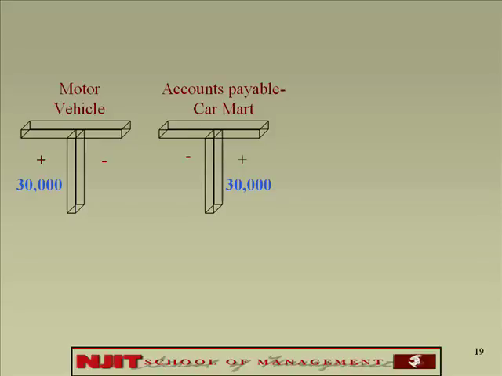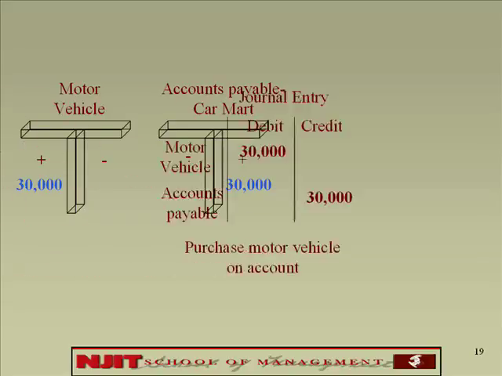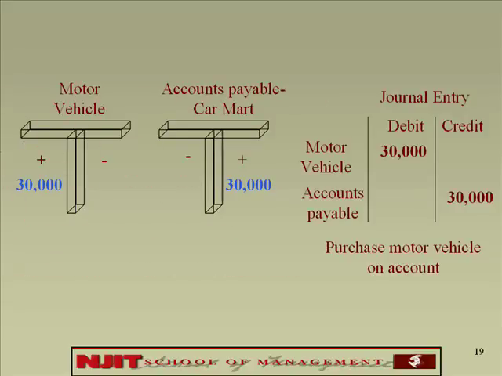Now the journal entry is very straightforward, looks like this. Now you open T accounts, you put the signs, you recorded the transactions, you did the journal entries.